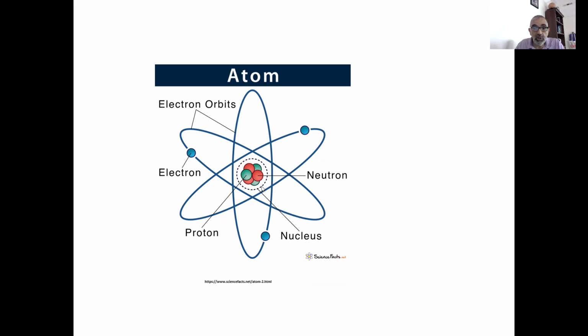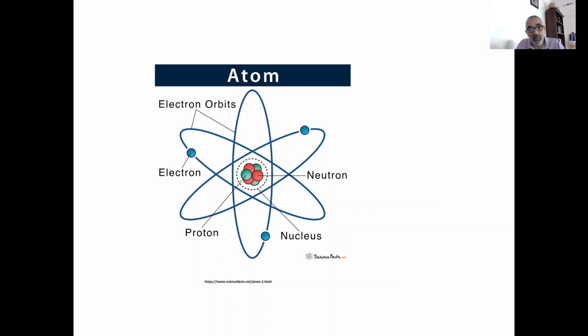after their structure was elucidated, were discovered to be made up of a central nucleus, and that nucleus is made up of protons and neutrons, and orbiting that nucleus are electrons. And of course, you will read a lot of descriptions about how amazing this structure is and how much of the atom is empty space.